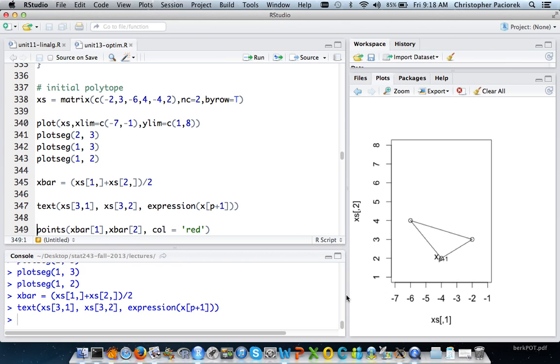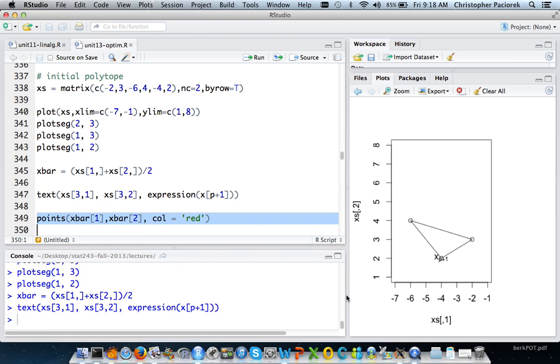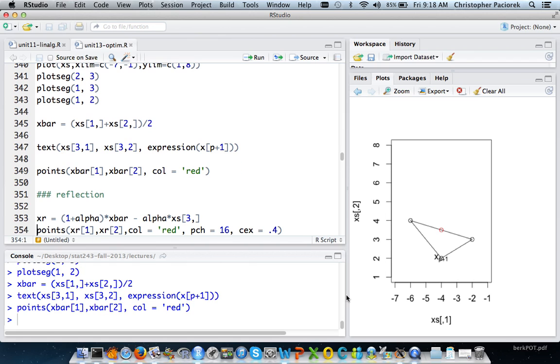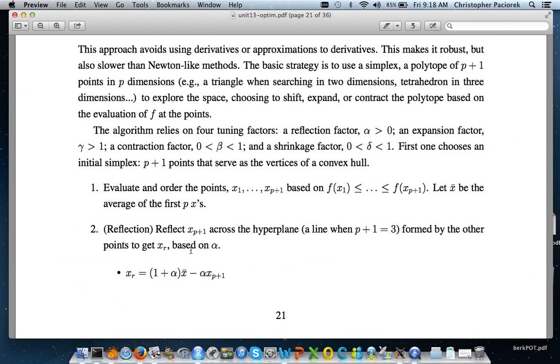Sorry, I didn't take the time to do the jittering to make this come out very well. But this is x1, this is x2, this is x_{p+1}. We can imagine we might be in higher dimensions, but here we're just in three points. So the first step is to take the mean of the other points, of the better points. This is the worst point.